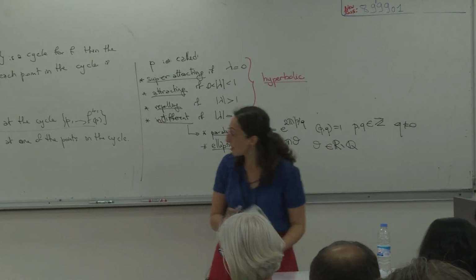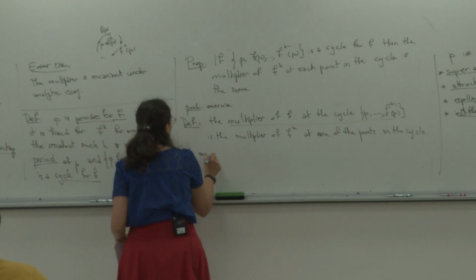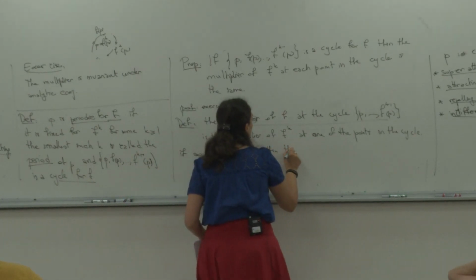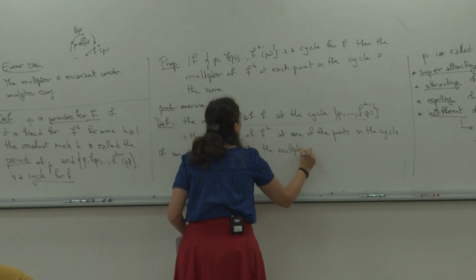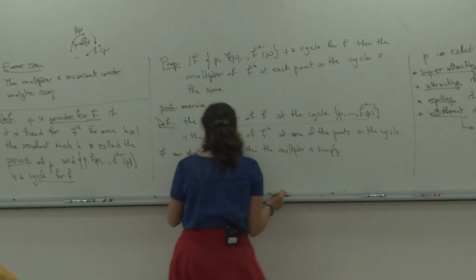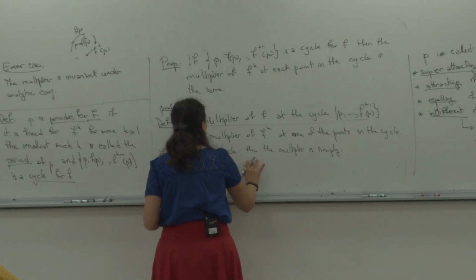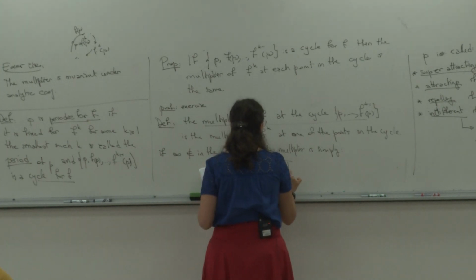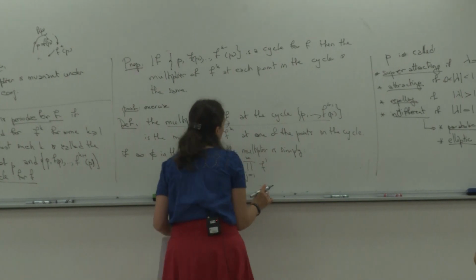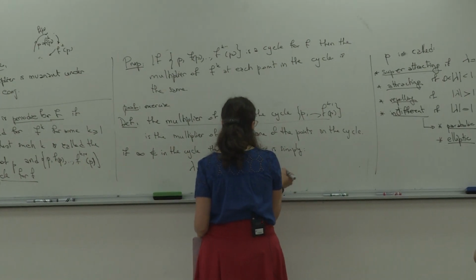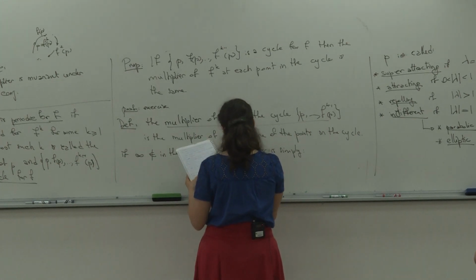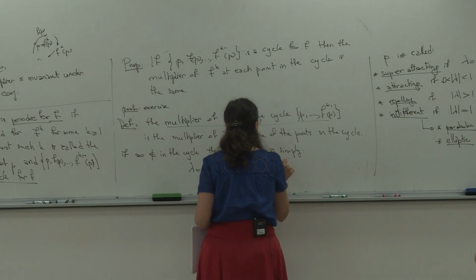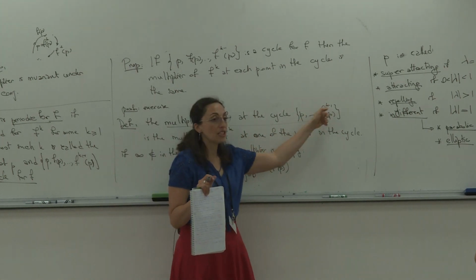All right. And so, yes, as a matter of fact, if infinity is not in the cycle, then the multiplier is simply, well, you're taking f iterated k times, you derive it at P, and what you're getting is the product, as j goes from 0 to k minus 1, of the derivative f prime at f^j of P. So you take the product of the derivative at each point in the cycle.